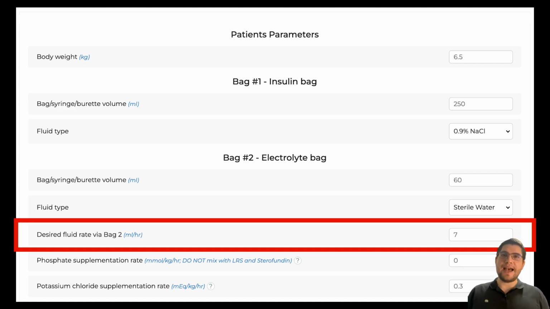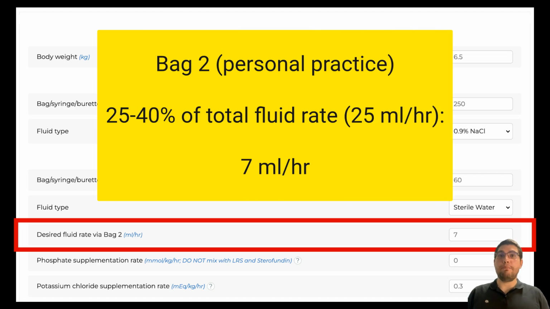The key point is that it should always be lower than the total fluid rate, which is, in this case, 25 ml per hour. As a general guideline for bag 2, I typically choose a rate that's about 25 to 40% of the total fluid rate. And for this patient, that comes out to around 7 ml per hour, which aligns well with this range.